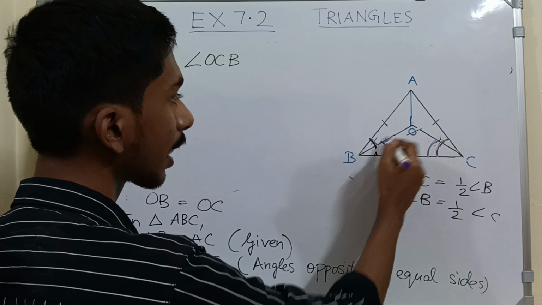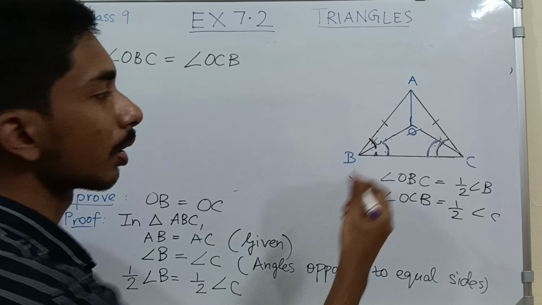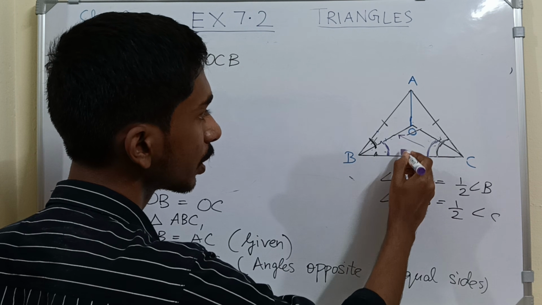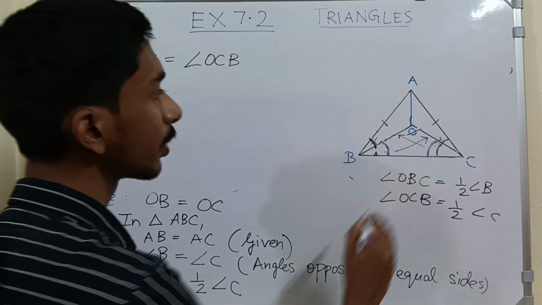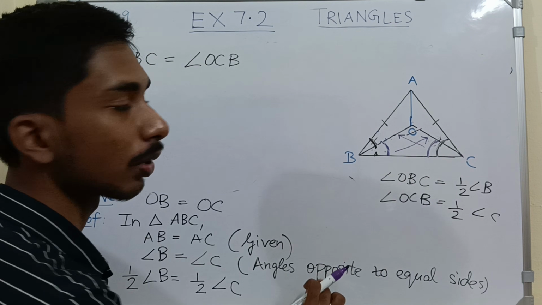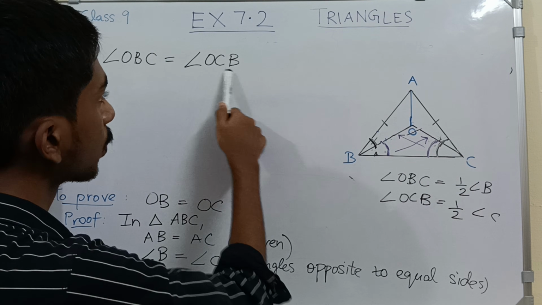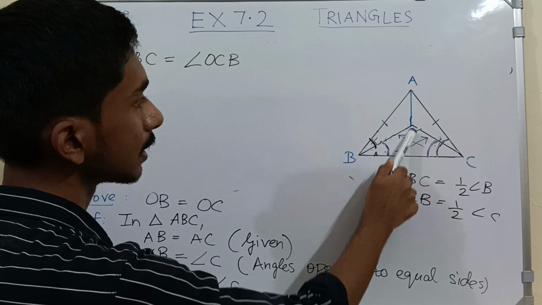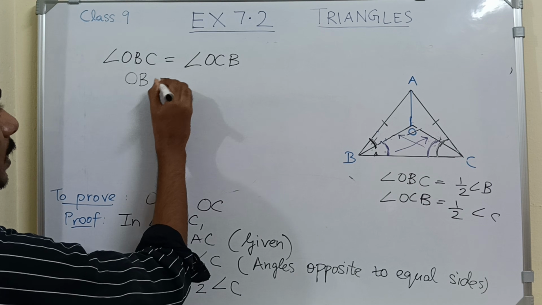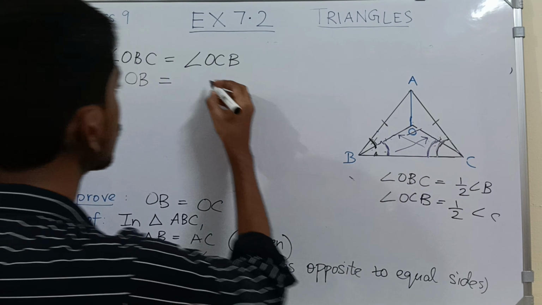Now we have in triangle OBC, this angle is equal to this angle. So now the side opposite to this angle will also be equal, because we have learned that sides opposite to equal angles of a triangle are equal. So now it becomes that OB is equal to OC. Side opposite to angle OCB is this side OB. OB is equal to, this side opposite to angle OBC is this side OC.